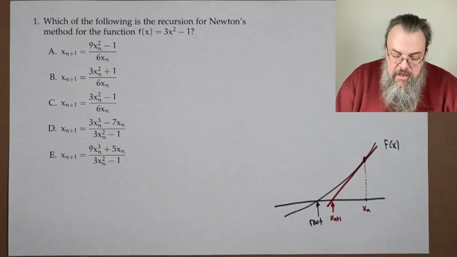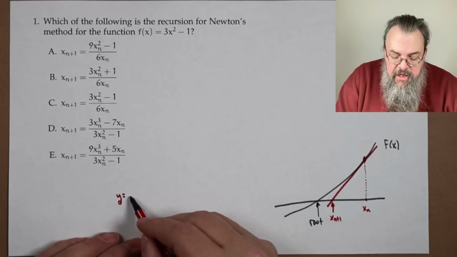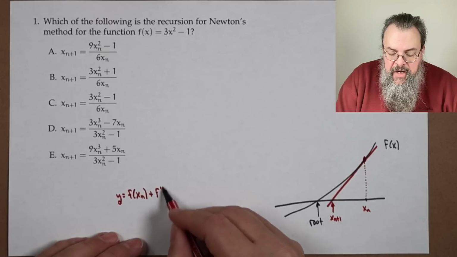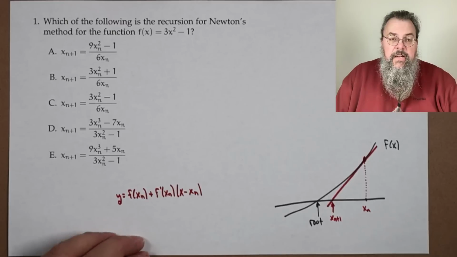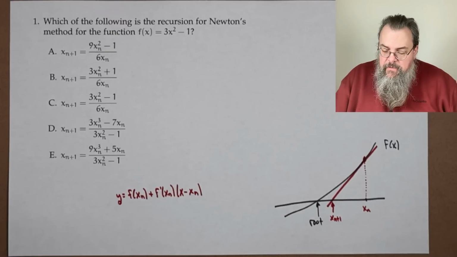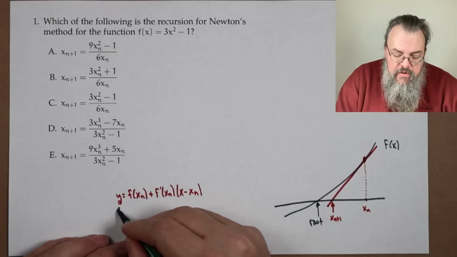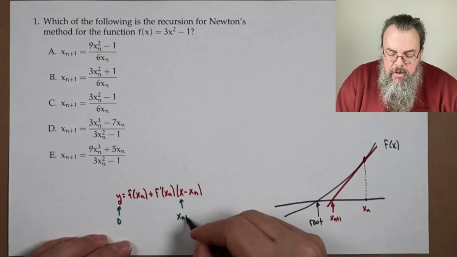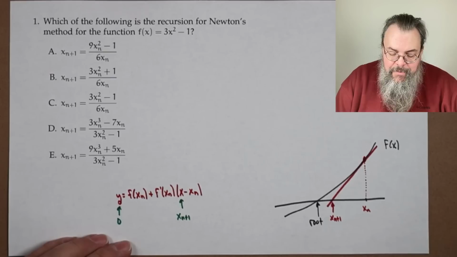Well, our tangent line, we can write down our formula. That's y is equal to the value of the function at our current guess plus the derivative at our current guess times x minus xn. Now, here's what's going to happen. When we solve for where we hit the axis, that means we set y to 0, and this x value is going to be xn plus 1. Now rearrange it and solve for xn plus 1.